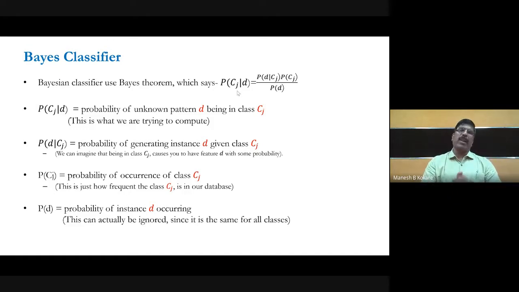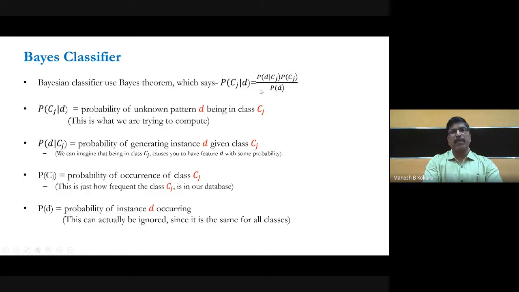So this is a very simple approach for object recognition, that is the Bayes classifier, where we calculate the posterior probability, because we know the conditional probability of that unknown pattern being in a class Cj, and also we know the probability of occurrence of every class. So the probability of Cj is known and the total probability is known.